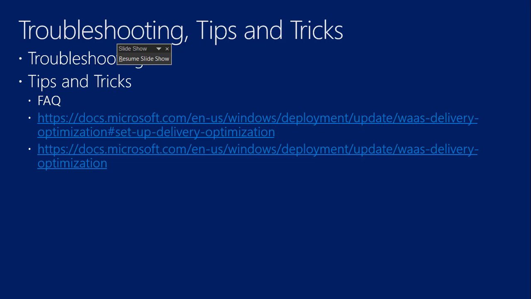Right? Okay, and so finally, tips and tricks. So there's just a couple that I want to point out. And the first is we've focused this session on delivery optimization as it is configured and implemented on a device that is fully and totally managed by Intune, MDM, right?